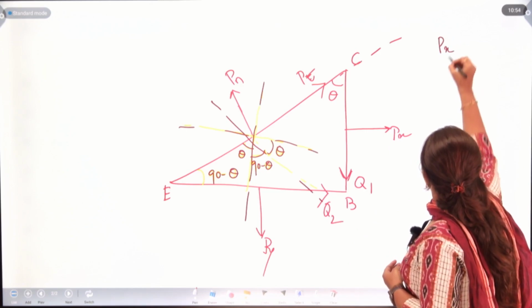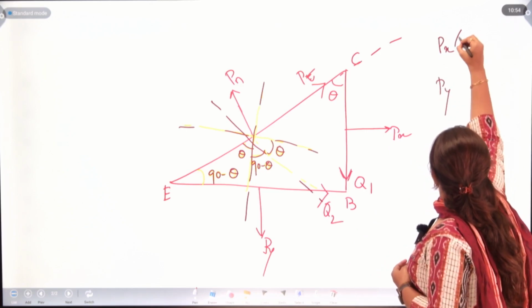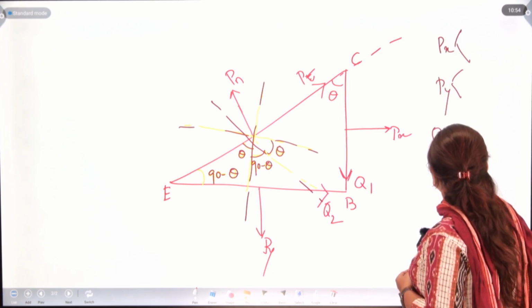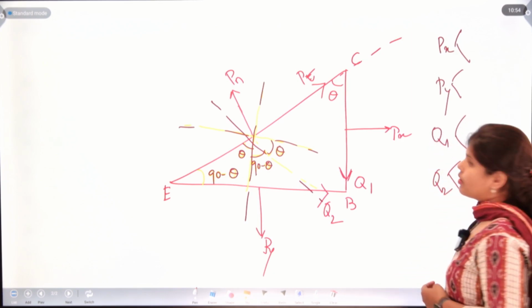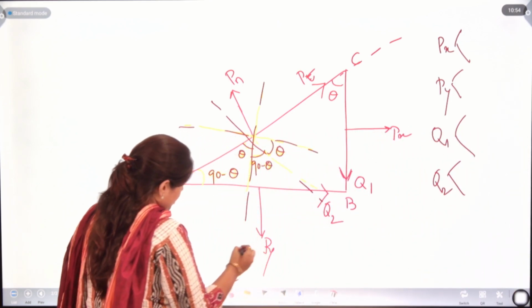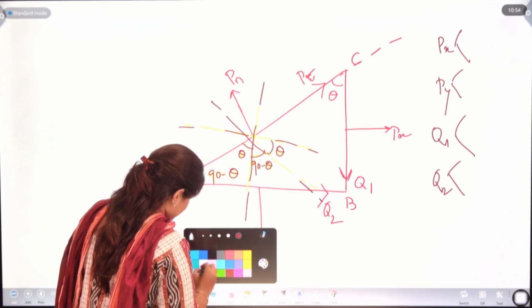These are Px, Py, Q1, Q2. So, first let's take Py, right?